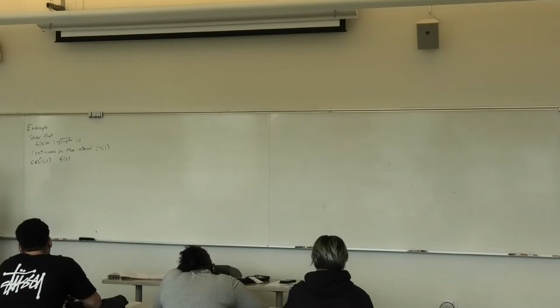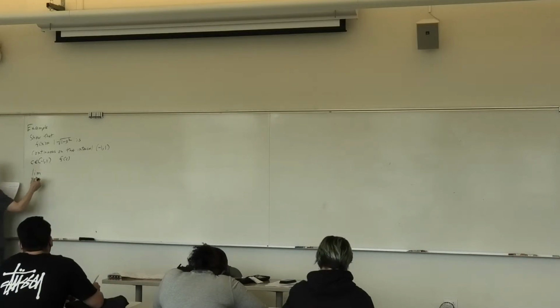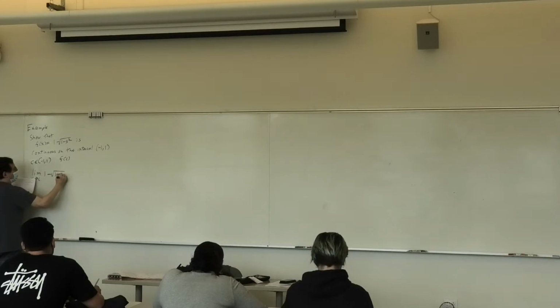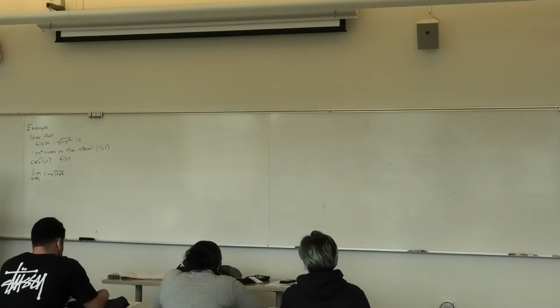It's defined. So that's good. So what we want to do is see if the limit as x approaches some c in this interval of 1 minus the square root of 1 minus x squared exists. Well, that's easy enough.